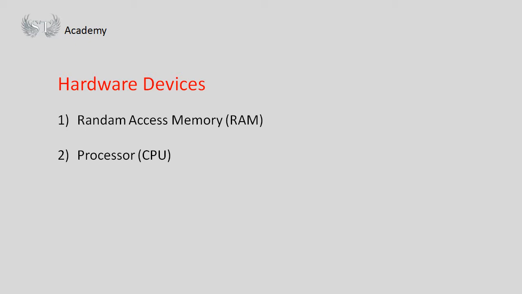Now when you write down a program and when you save the program, and after saving the program, when you run the program, these two devices plays the vital role. So the data which are related to your program, those are going to store inside this temporary memory location which we call random access memory.